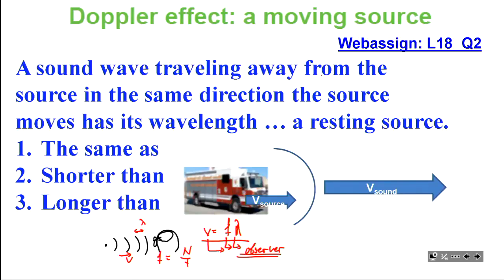All we need to remember is that when the source is moving, it generates the next front at a different location. So this is the first time when a certain front is generated. It takes a certain time to move away from this location. If we wait long enough, that's the same front, but at a different time. So we have two pictures put together.